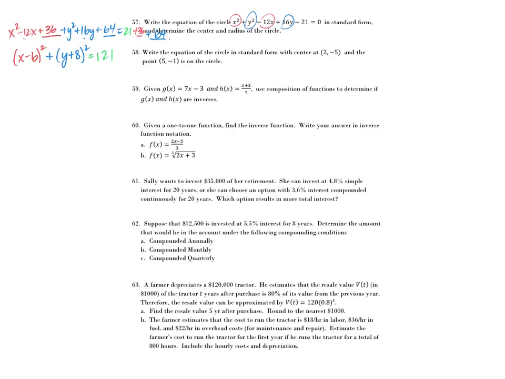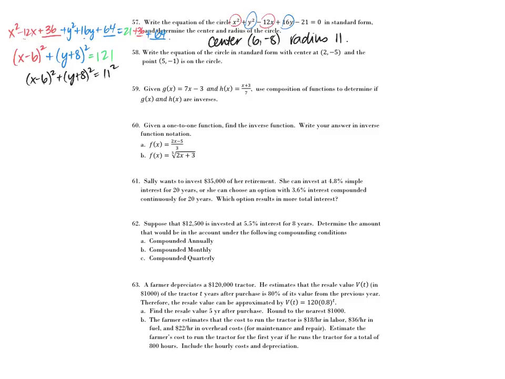And we know that that is 11 squared. So if I write this all out, I have x minus 6 squared plus y plus 8 squared equals 11 squared. And so the center here is going to be at 6, negative 8, and the radius is 11.